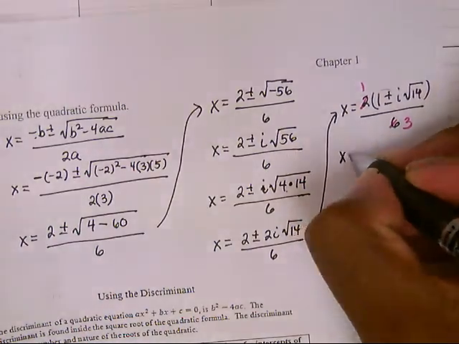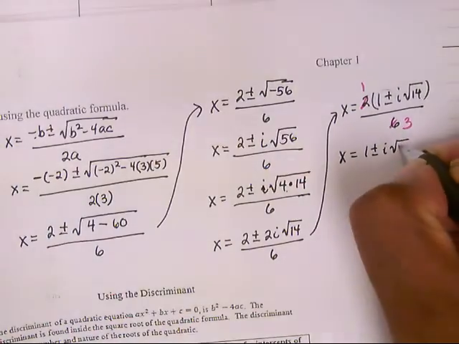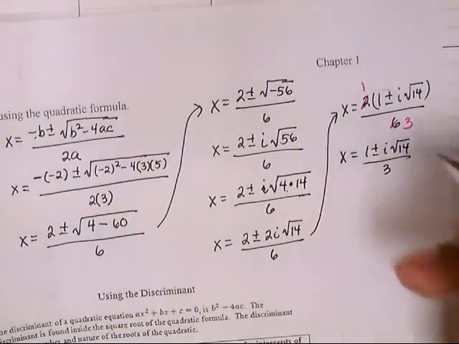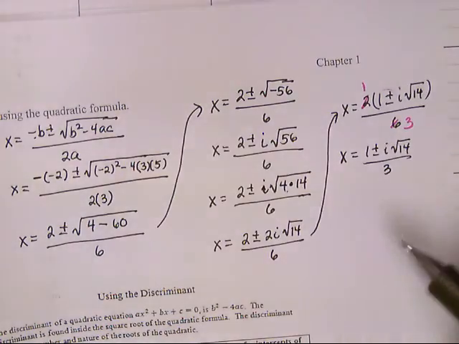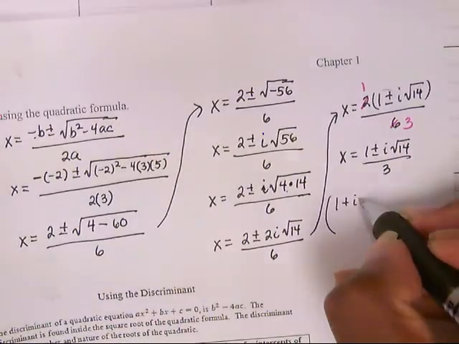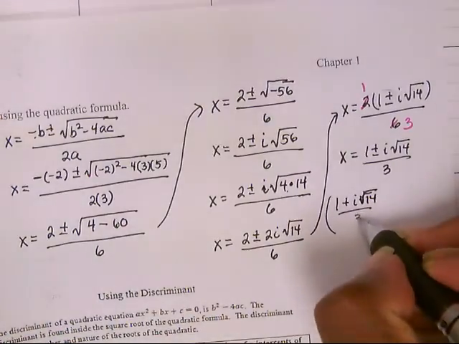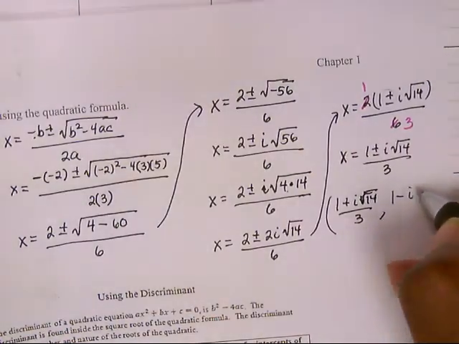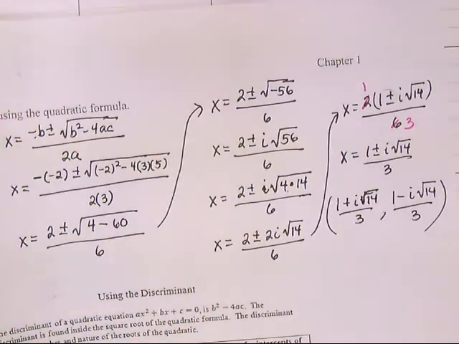So this will end up being x equals 1 plus or minus i square root of 14 over 3. And of course, we have to enter this as 2 separate answers: 1 plus i square root of 14 over 3, and 1 minus i square root of 14 over 3. By the way, that's the square root symbol.